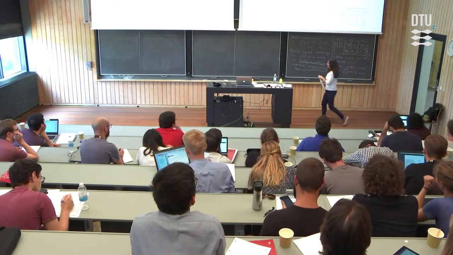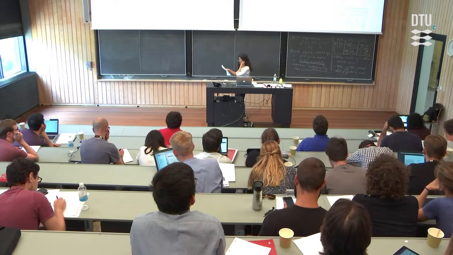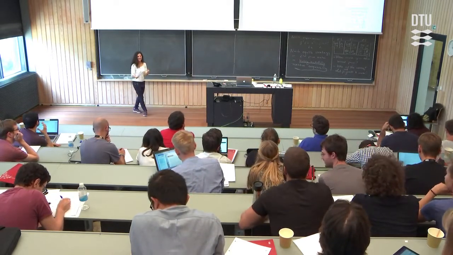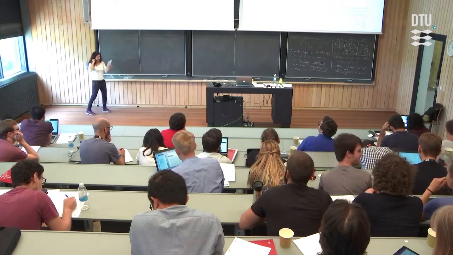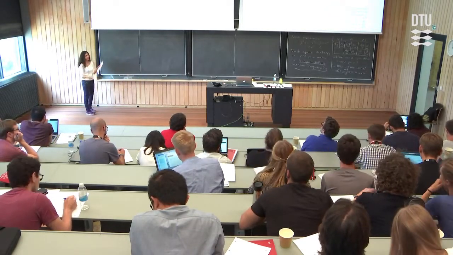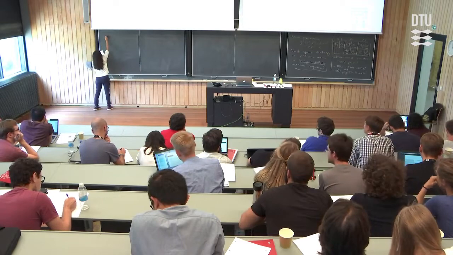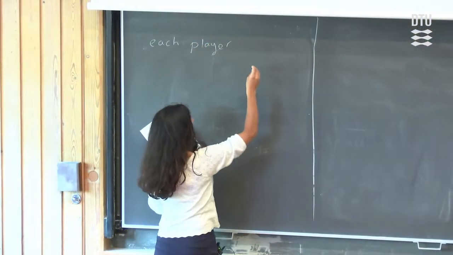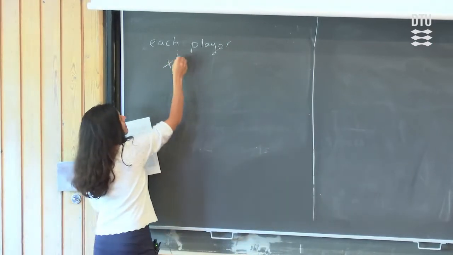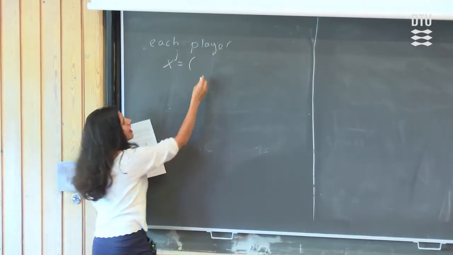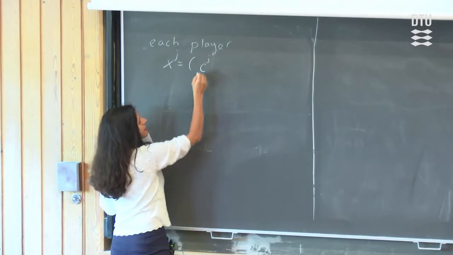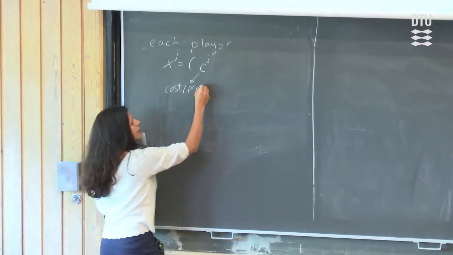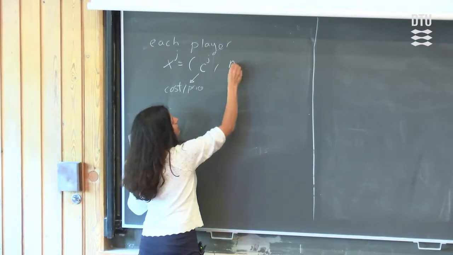Okay. So we just need some notation. Nothing complicated, but let's say that each player now can offer a bid vector, and let's say this is the cost or price offer, and this is the amount.